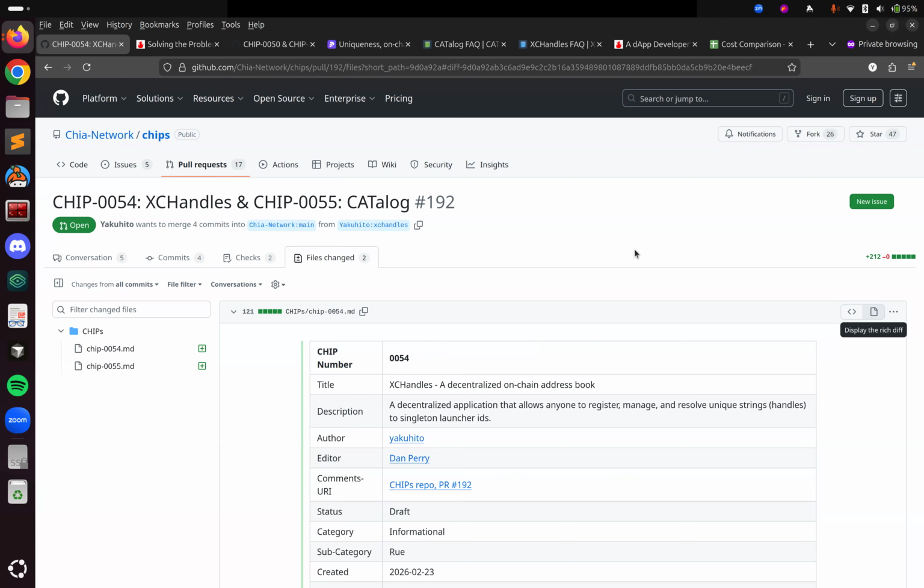The details of how you ensure uniqueness are in the chip. It's basically creating a sorted list, and then users search the entries of that list. And if you have two values and you can insert your name while keeping the list sorted, then you know that name hasn't been registered before.